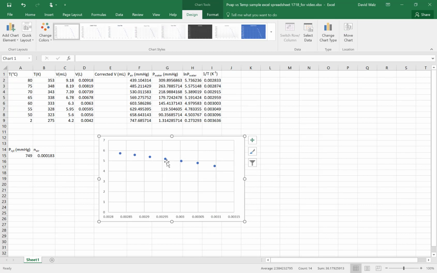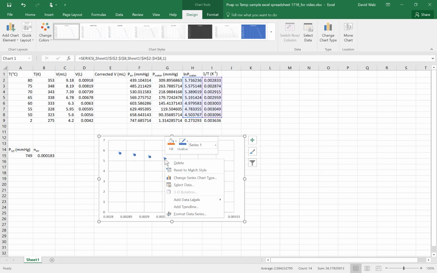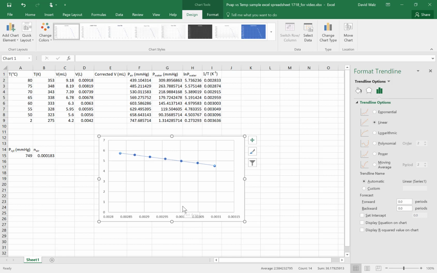So now what I want to do is add a trend line because I want the equation for this line because I want to know what the slope is. So I right click on any one of these data points, and this menu comes up, add trend line, and Excel knows I want it linear because it kind of knows that it's linear.